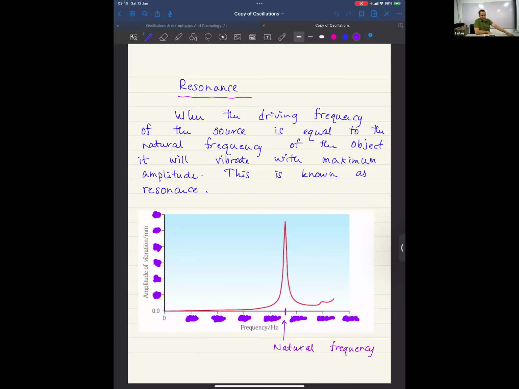When the driving frequency of the source is equal to the natural frequency of the object, it will vibrate with maximum amplitude. This is known as resonance.